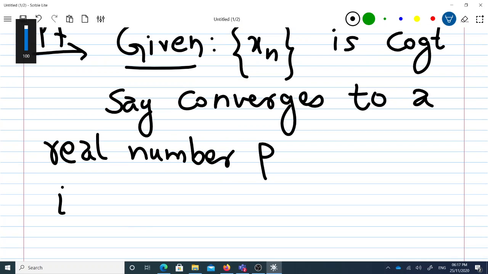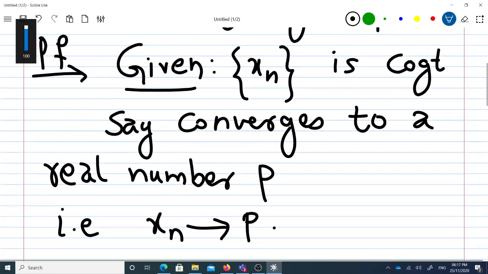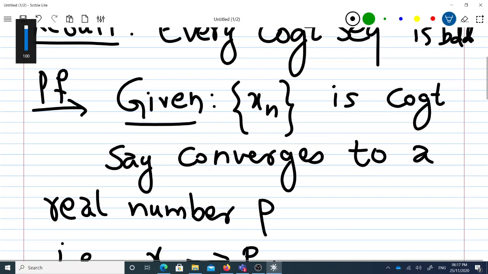So that is, xn converges to p. We have to show that the sequence xn is bounded.